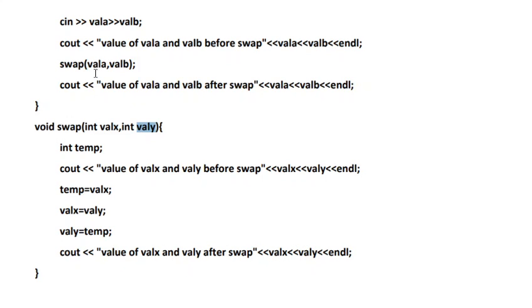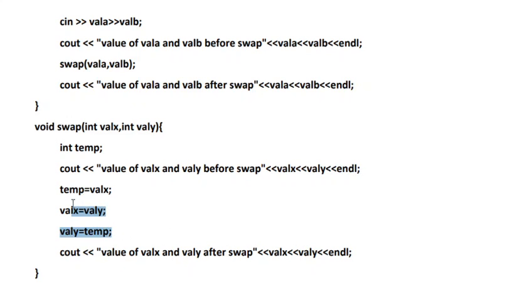Separate memory allocation will be done for val a, val b and val x, val y. So val x and val y just hold the values of val a and val b. Val x will be 5 and val y will be 6, so printing them will print 5 and 6.